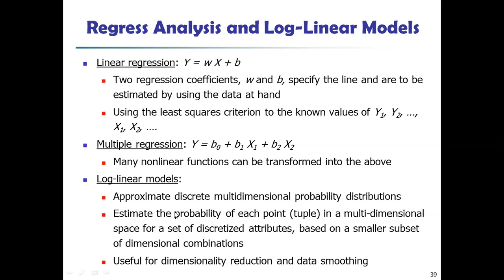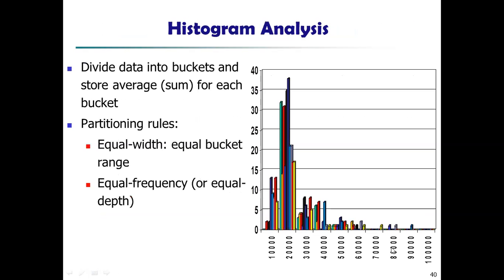That is multiple regression. Next one is the log linear models. In the log linear models, we approximate discrete multidimensional probability distributions, estimating the probability of each point in a multidimensional space for a set of discretized attributes, based on a smaller subset of dimensional combinations. Useful for high-dimensional data.